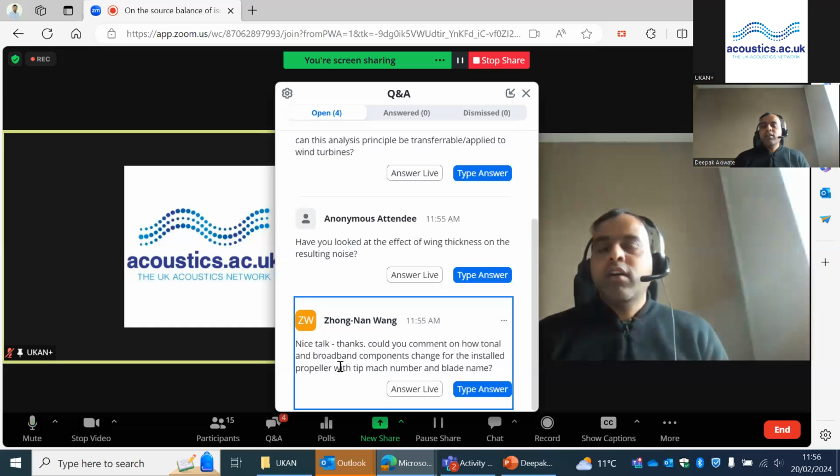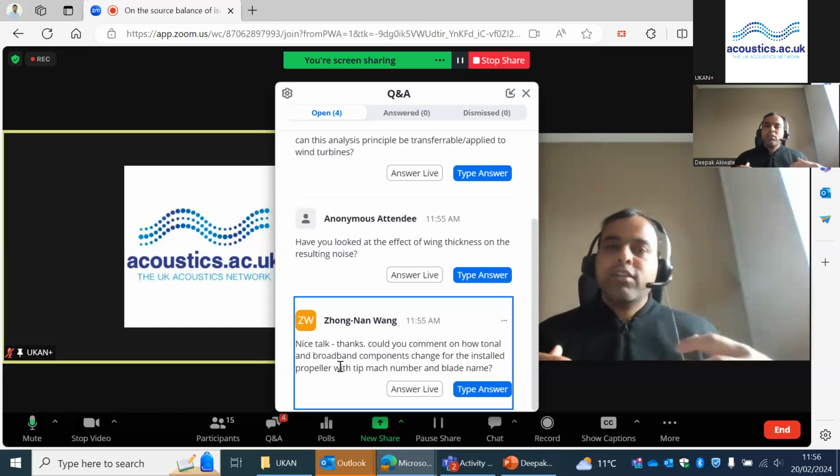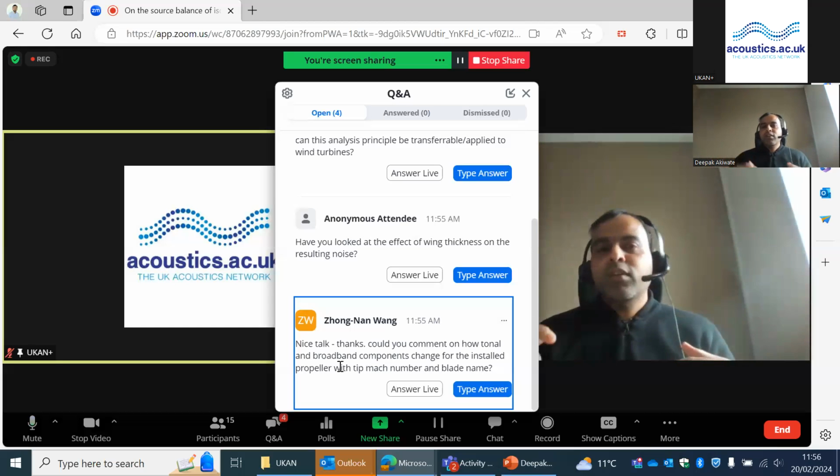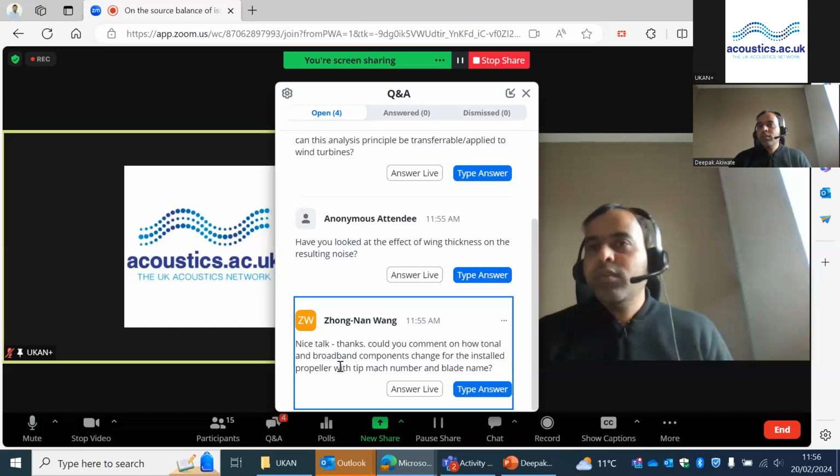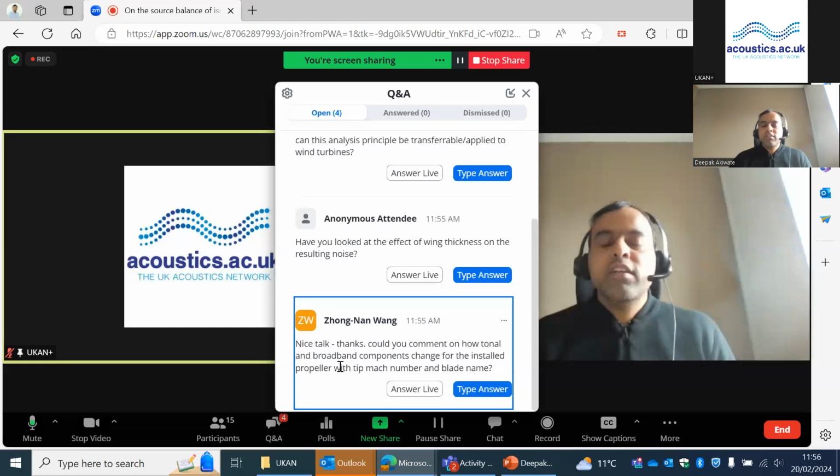So ultimately it leads to a situation where we are comparing the tonal interaction noise source with the tonal or tonal plus broadband rotor noise source. The interaction broadband noise source in our case is very much less, about 10 dB less than the interaction tonal noise source.